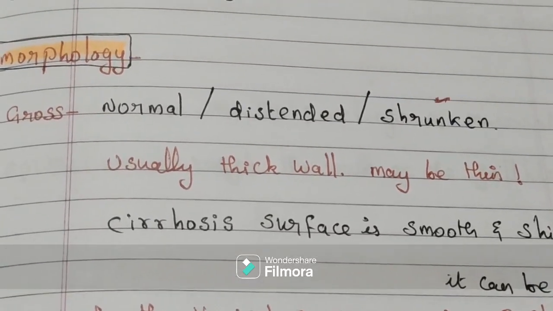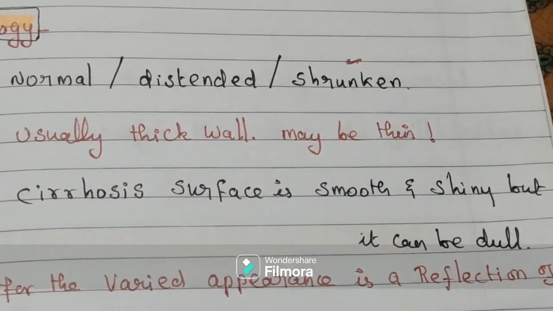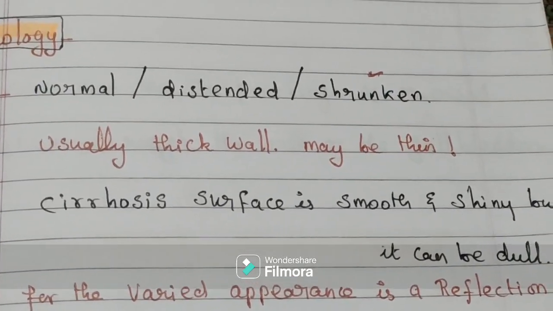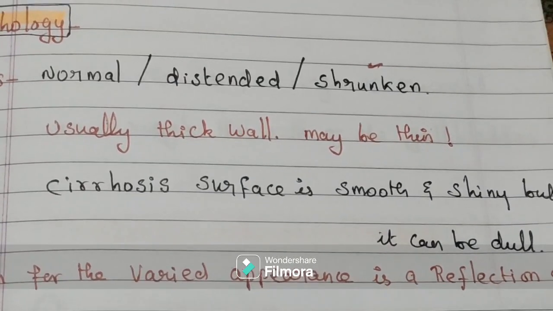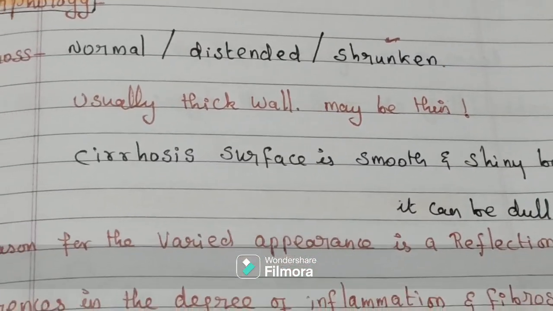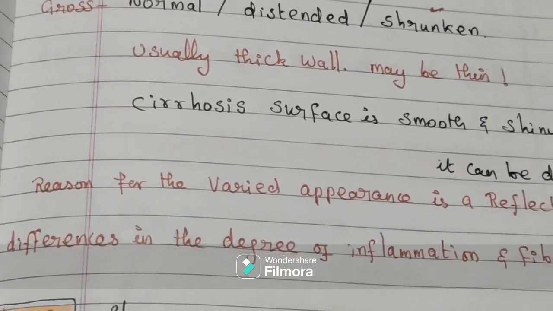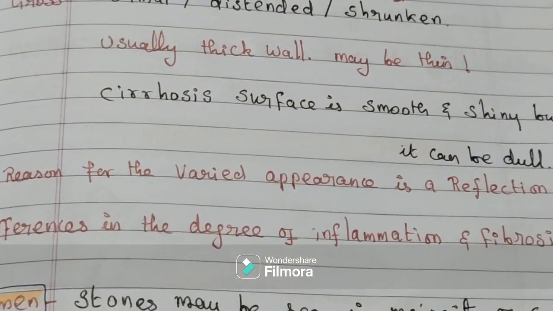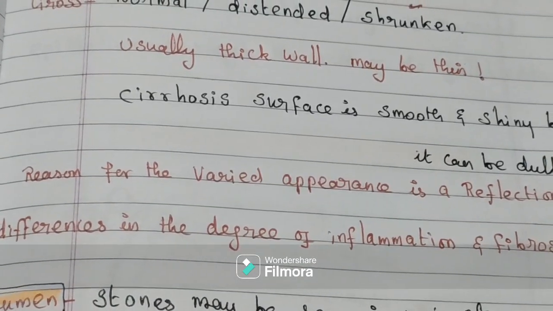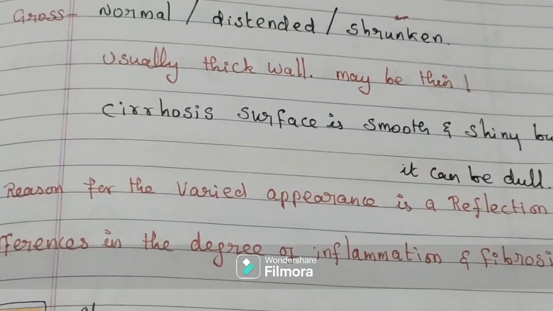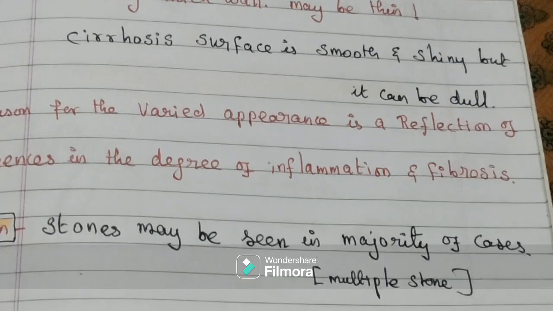Usually the serosal surface is smooth and shiny, but it can be dull, and the reason for this varied appearance is a reflection of differences in degree of inflammation and fibrosis. In the lumen of the gallbladder, most often stone is seen. Multiple stones can be seen.